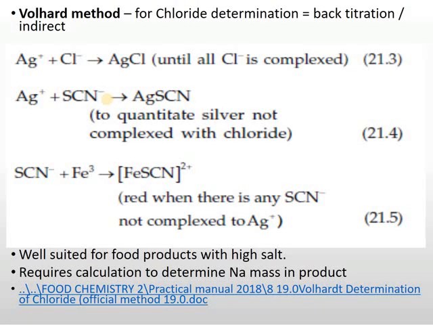And then also, like I already mentioned, there are other chemicals that are added in there. The nitric acid is added to prevent the hydrolysis of the iron. If the iron becomes hydrolyzed, then we have a problem in terms of the end point. And then we also have the addition of nitrobenzene. The nitrobenzene is added to mask the silver chloride.